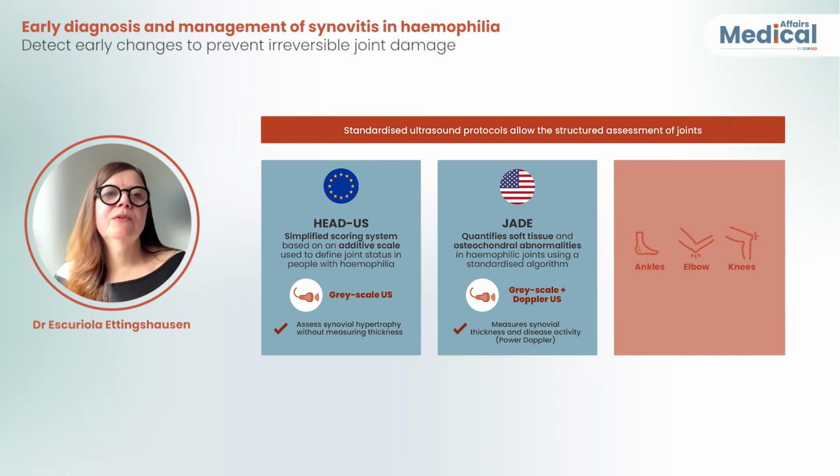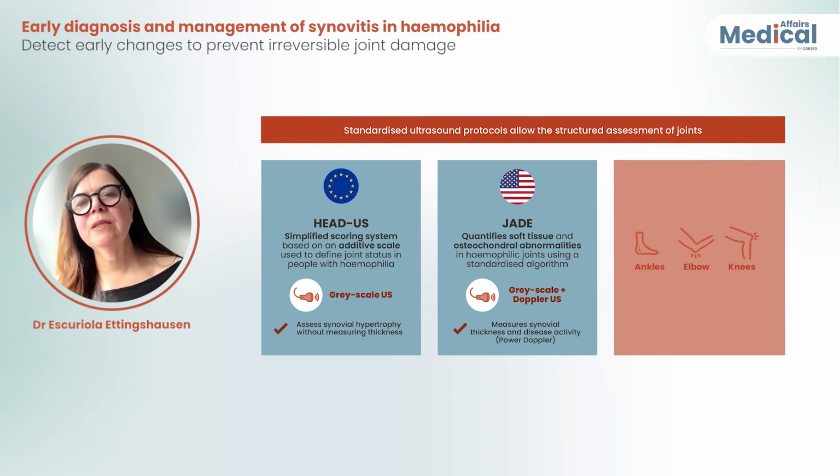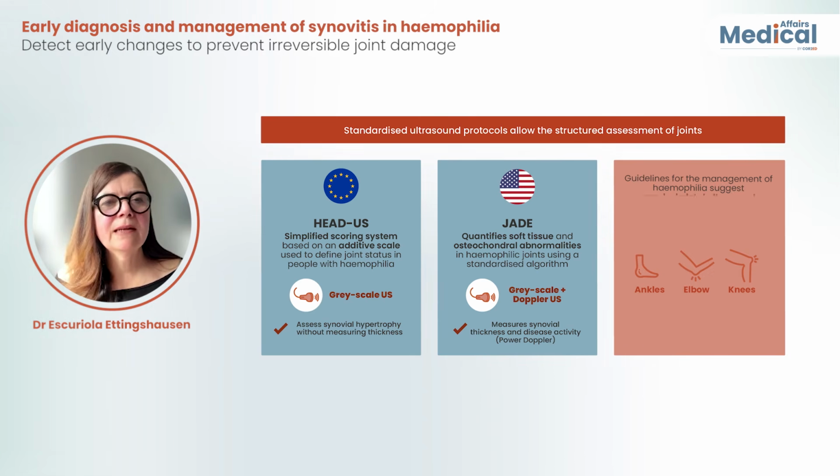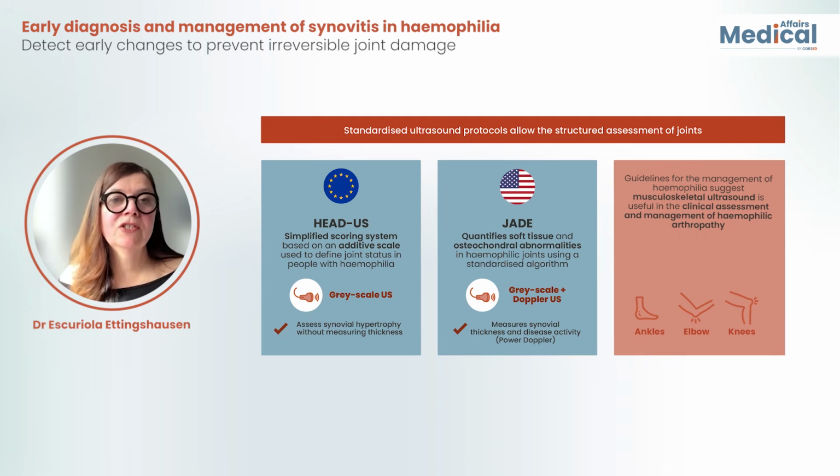Standardized ultrasound protocols such as HEAD-US allow the structured assessment of joints that are most commonly affected by hemophilia, providing reproducible and comparable information to define patients' joint status. Ultrasound offers suitability for multi-joint screening. Guidelines for the management of hemophilia suggest musculoskeletal ultrasound for the clinical assessment and management of hemophilic arthropathy.